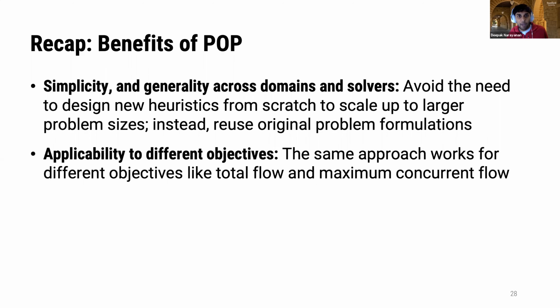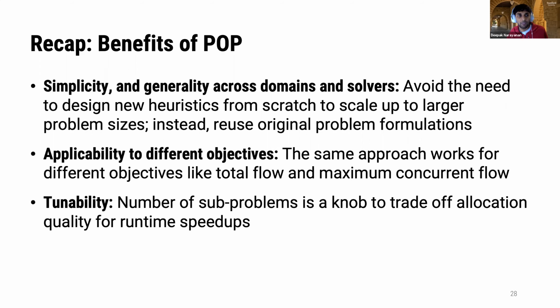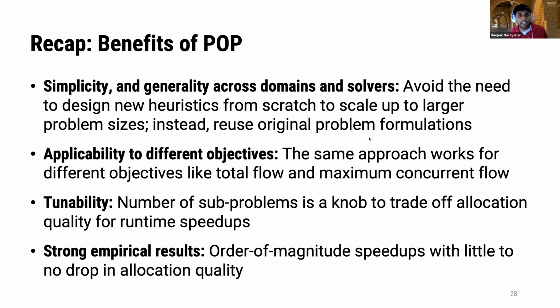Second, the same POP approach works well for a number of different objectives, such as total flow and maximum concurrent flow. Third, POP is tunable. The number of subproblems is a knob that helps us trade off between allocation quality and runtime speedup. And finally, POP is able to accomplish strong empirical results with order of magnitude speedups with little to no drop in allocation quality.